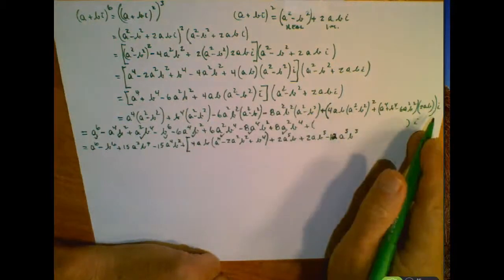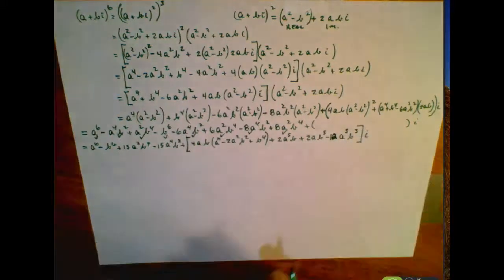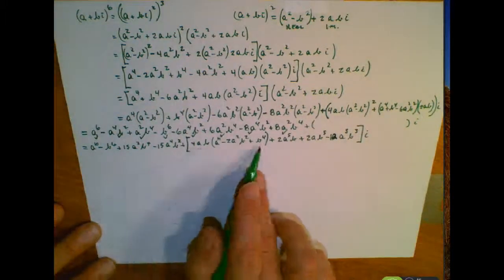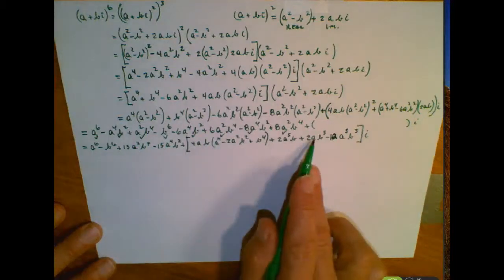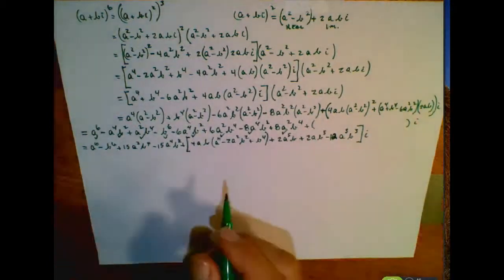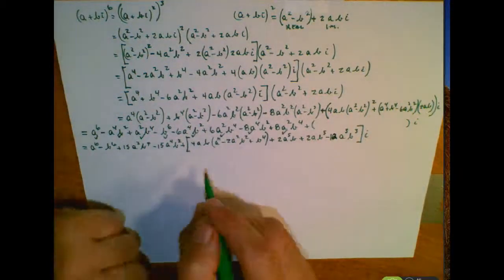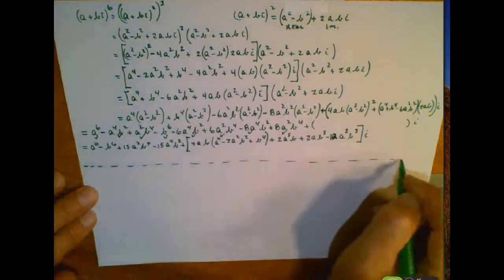And that's the end of our imaginary part. I still have to distribute this because I'm going to get an a to the fifth with a b here, and here I have an a to the fifth with a b. So I still have one more bit of distributing to do. And what I'm going to do is make myself a mini work zone.